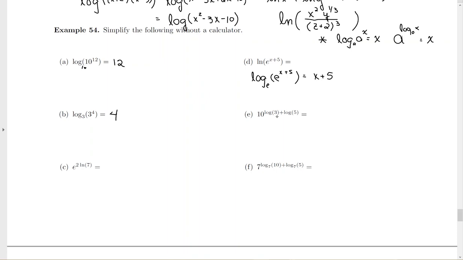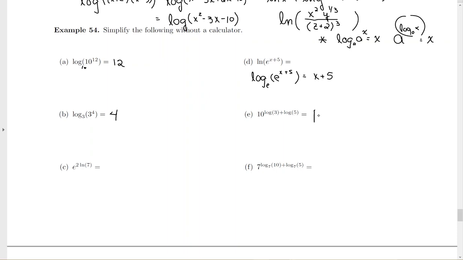The next one is where it gets a little trickier. Log base 10 of 3 would just be 3, but there's this plus log base 10 of 5 attached. So we need to make it into one logarithm like we have here up in the numerator. So I need to condense these two logs into one. So when you add logs, remember when you make it into one logarithm, it's multiplication.